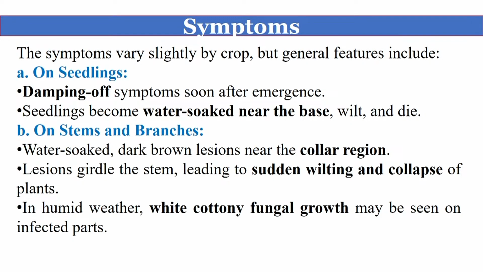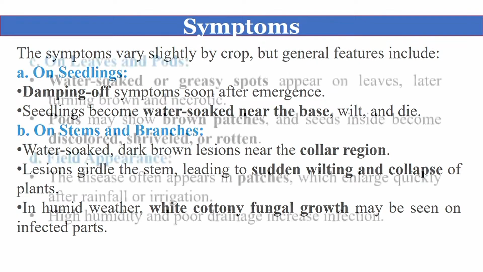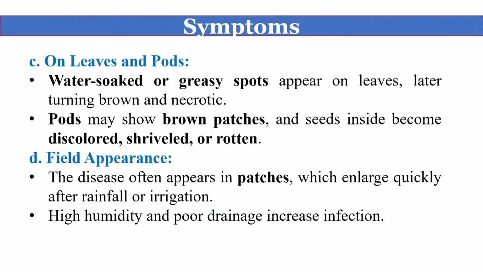In humid weather, white colony fungal growth may be seen on the infected plants. On leaves and pods, water-soaked or grassy spots appear on the leaves, and later they turn brown to necrotic. Pods also get affected and look like brown patches, and the seed inside becomes discolored, shriveled or rotten.